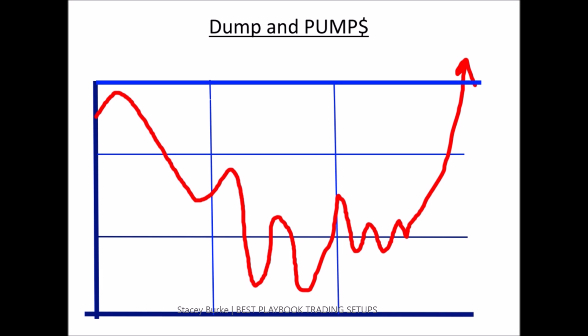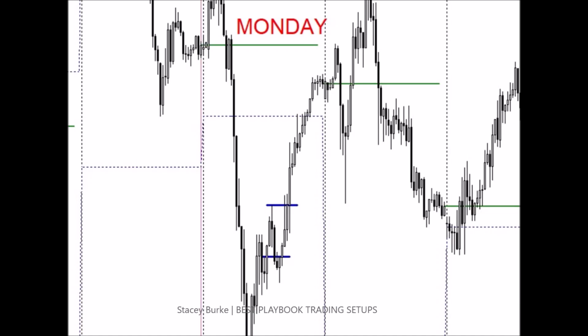And the other type of template will be a dump and pump, the exact opposite. A market that dumps down, coils sideways for the explosive parabolic continuation trade. We saw an example of this on the yen cross pairs, specifically the euro yen in the US window for a parabolic reversal trade, a market that broke out in the Asian and London windows and coiled down low for the explosive reversal, the dump and pump template on Monday, day 1.